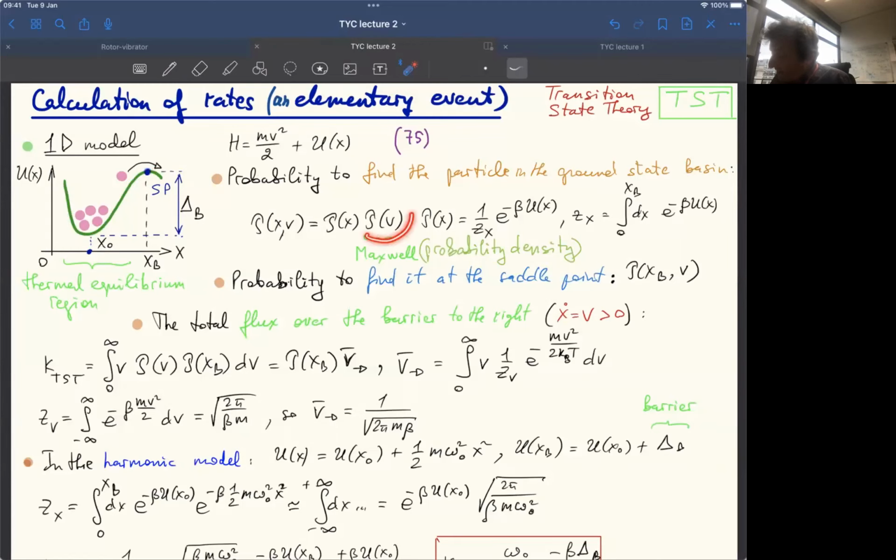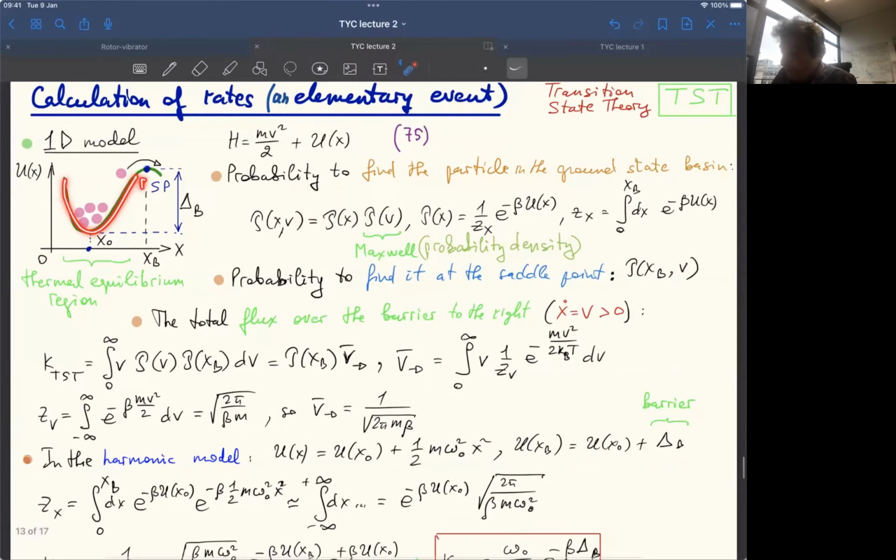So we have a Maxwellian part depending on velocities, just a usual one, and some part associated with the potential energy. The potential energy has its own contribution to the partition function, which is just this integrated exponent. And I integrate only within the basin of the initial state. I don't integrate up to infinity because my potential energy doesn't go like this. It has changed its shape. So I will integrate only up to here.